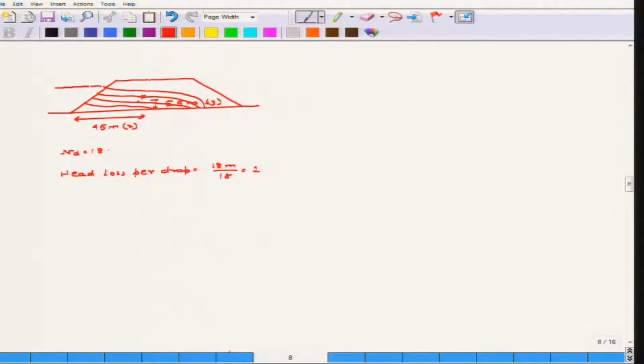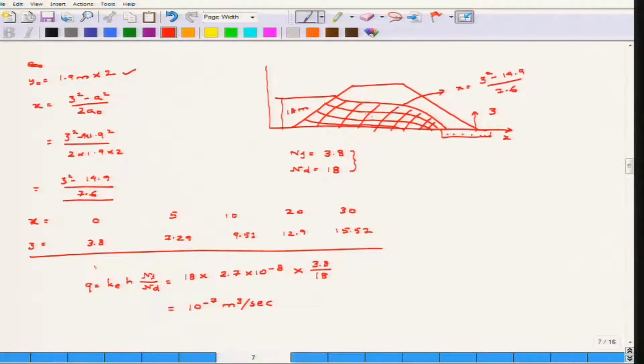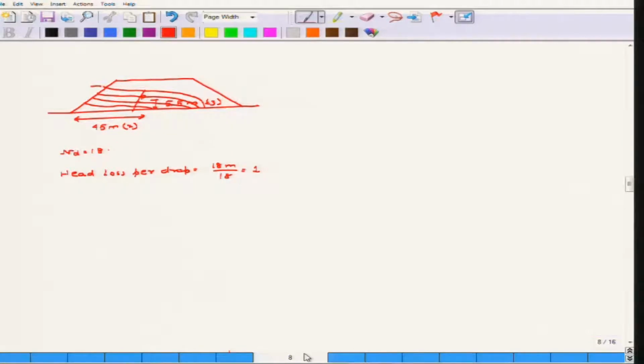What is the number of drops when you cross point P? From the diagram, if you consider this as point P, let us say that 2.4 drops are observed at point P. So, if the number of drops is 2.4 at point P, then the total head drop at P is 1 into 2.4, that means 2.4 meter, where 1 is the head loss per drop.